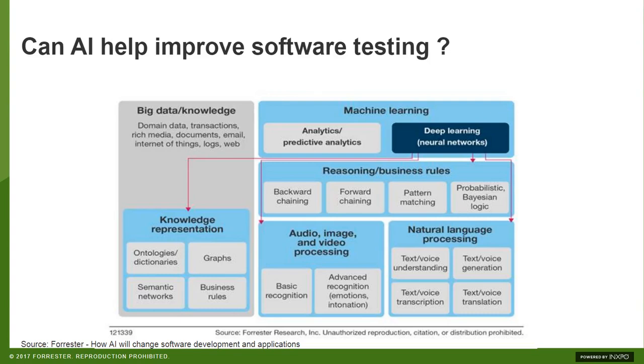So first of all, just a quick overview here. These are the technologies that are in the AI ecosystem that come with AI. Things like, you might have all heard, I'm sure, machine learning and deep learning, especially, which is like the latest, hottest trend in AI. There are technologies around reasoning and language processing, which is natural language generation, text understanding, voice transcriptions.